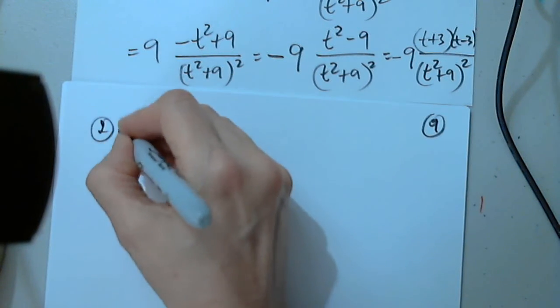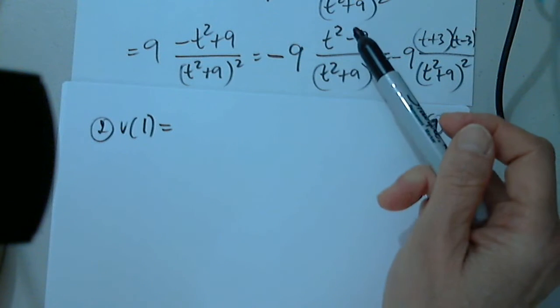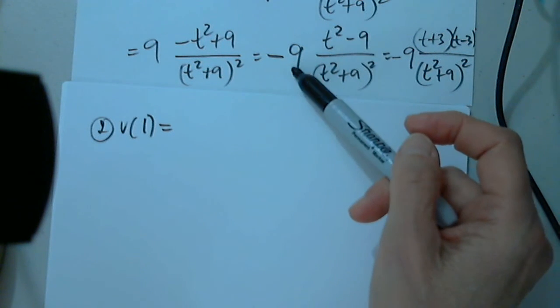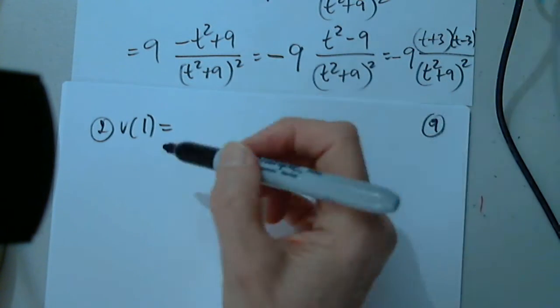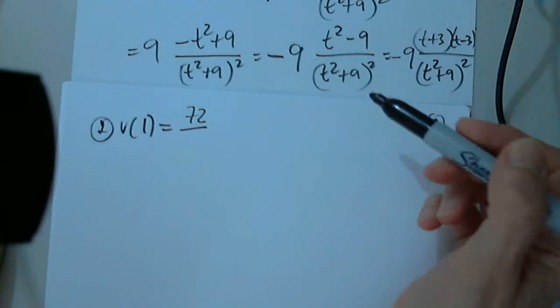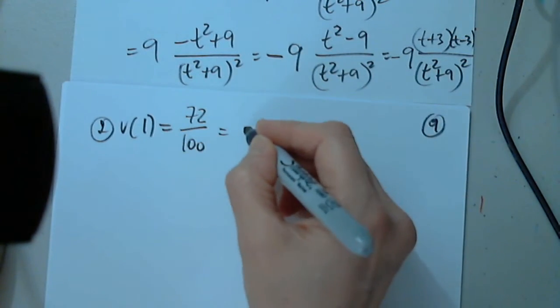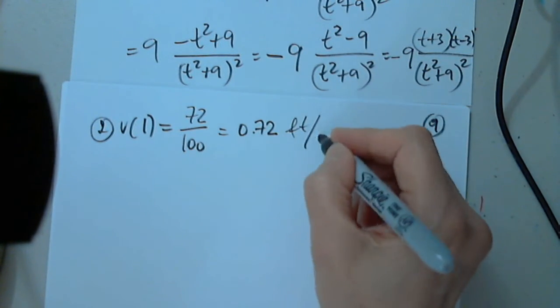Number 2, v of 1. Okay, 1 minus 9 is negative 8. Negative 8 times negative 9, positive 72, divided by 1 plus 9, which is 10, 100. So this is going to be 0.72 feet per second.